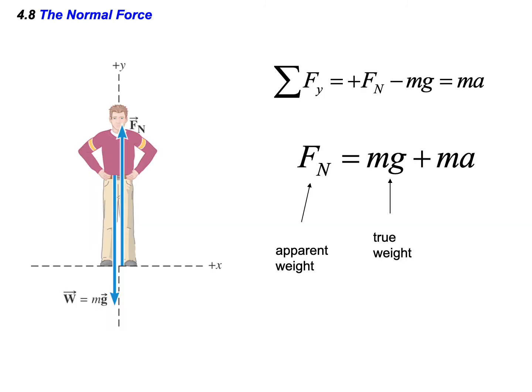If you are inside an elevator, we can use Newton's laws to calculate the force or acceleration. Since it is vertical, you can write Newton's law in the vertical direction: mass times acceleration along the y direction. So Fy is the net force.